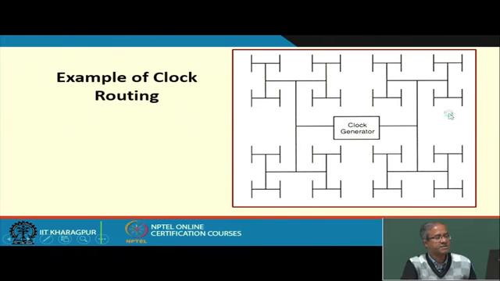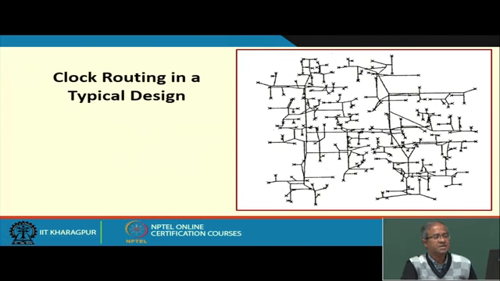So, we can have a scenario like this, where the small crosses are the points where you need to distribute the signal, and maybe the clock is generated somewhere centrally. Here you need to do a lot of complex analysis in order to determine various parameters so as to reduce the clock skew in these cases. Here we shall be looking at some algorithms on this later on.